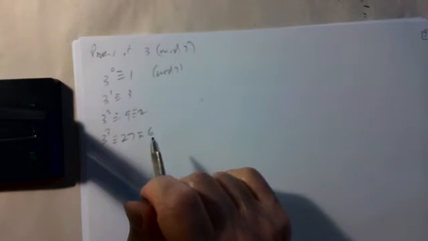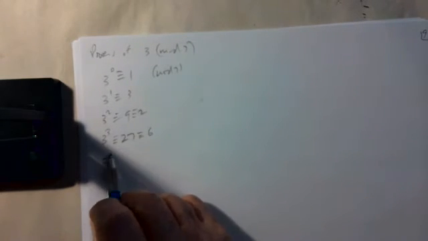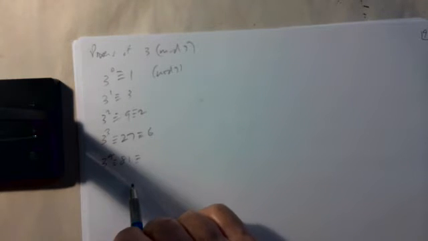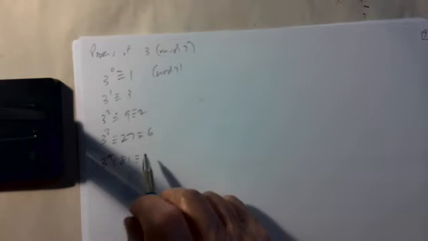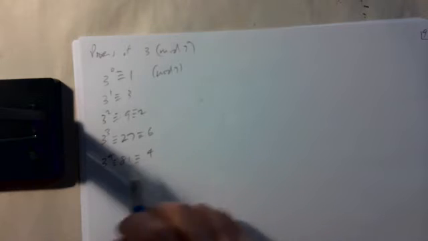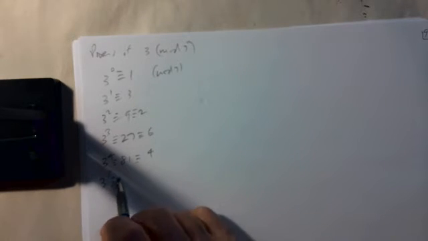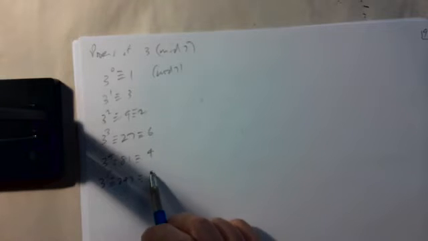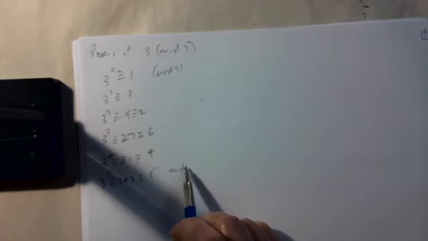Mod 7, that's 6. 3 to the 4th is 81. If you divide 81 by 7, you get 4 mod 7. 3 to the 5th is 243. If you divide 243 by 7, you get 5 mod 7.